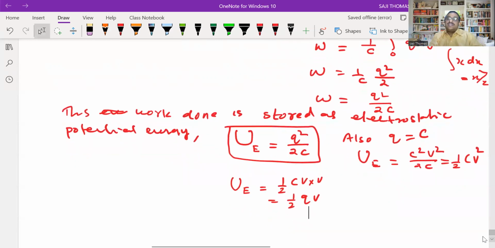So what is the equation for energy stored in a parallel plate capacitor? Half CV square or Q square by 2C or half Q into V. Depending on the given quantities, choose the equation.